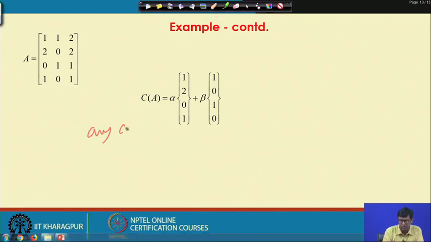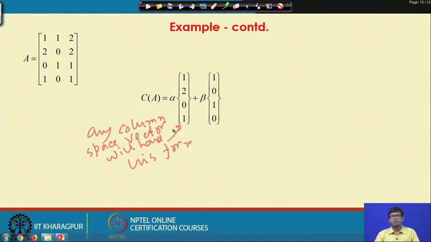Any vector which lies in the column space will have this form: alpha, an arbitrary constant, multiplied with one column vector plus beta, another arbitrary constant, multiplied with the other column vector. They can constitute any vector lying in the column space by choosing different values of alpha and beta. So, there can be infinite vectors in the column space.